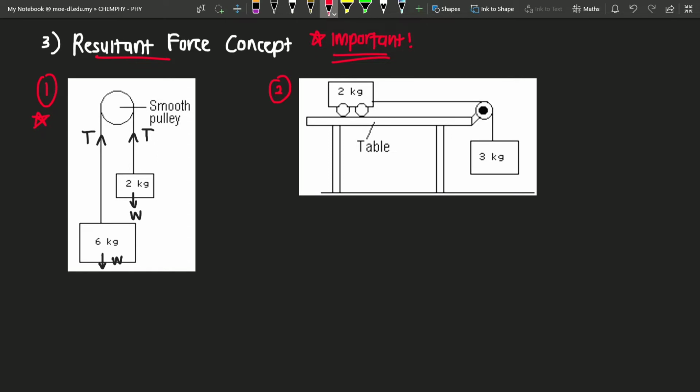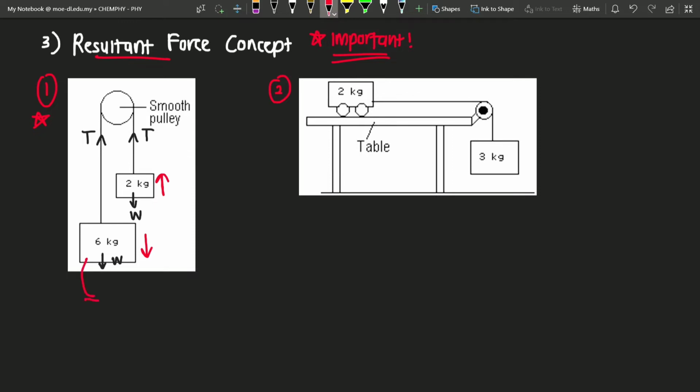Secara common sense-nya kita tahu objek 6 kg is heavier compared to the 2 kg object. So you know that 6 kg object will move downward because it is heavier. And the 2 kg object will move upward because it is lighter compared to the 6 kg object. So you guys tahu, objek 6 kg turun ke bawah, objek 2 kg naik ke atas.